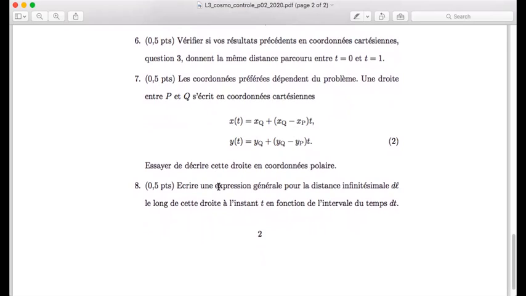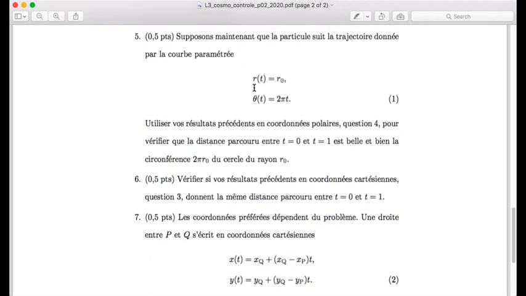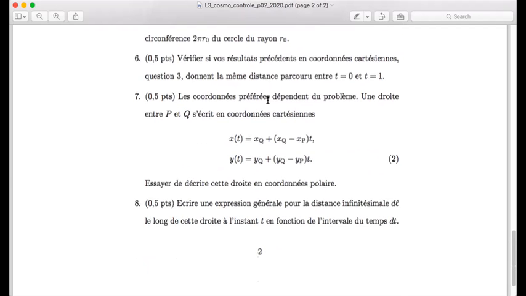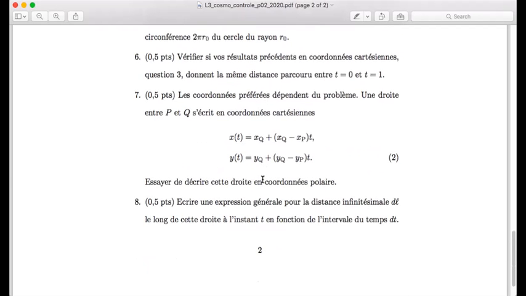And now, just to make the point that the best coordinates depend on the problem at hand. Clearly, the polar coordinates were best for the circle, but when we're dealing with a straight line, if you try and write this straight line in polar coordinates, you're going to find it's complicated.